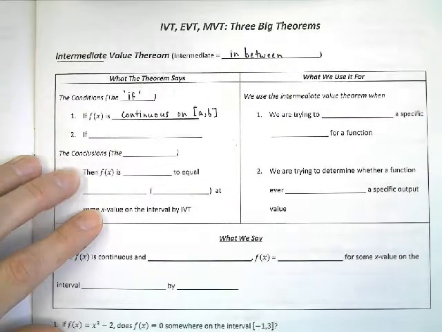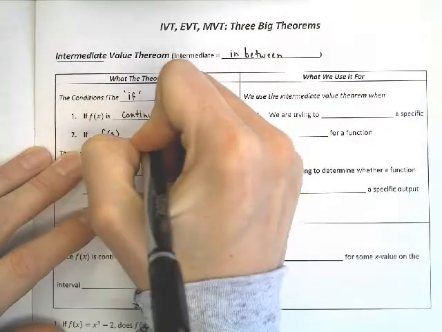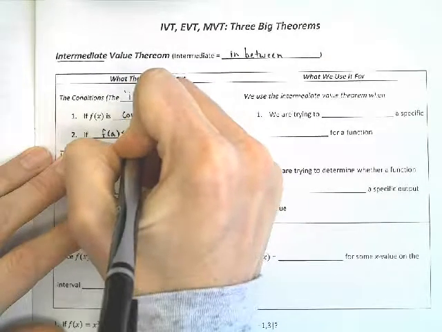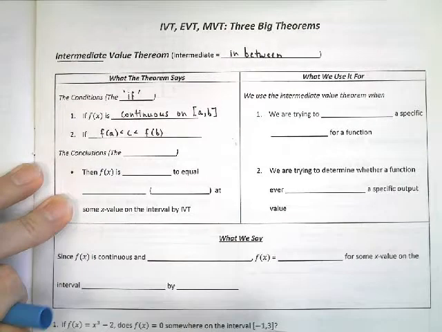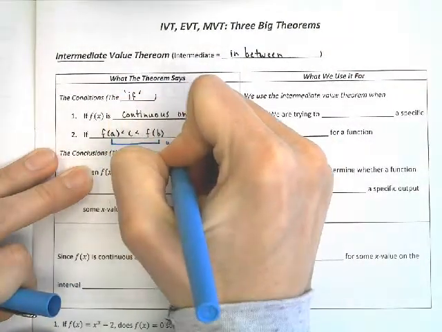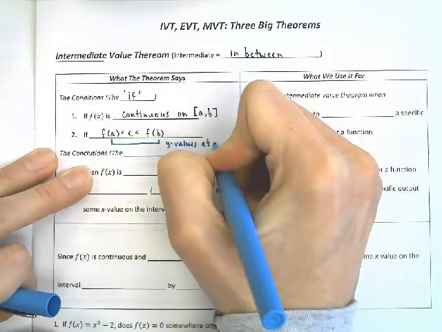The second condition is that if I take the y values at those endpoints, f of a and f of b, this value in question, which I'm going to call c, has to be in between those two y values. So I'm going to make a note here. These two are the y values at our endpoints.